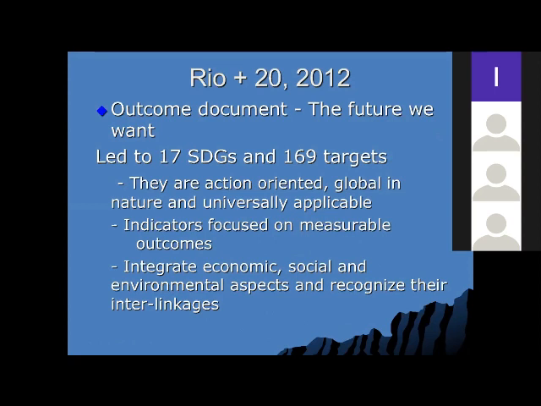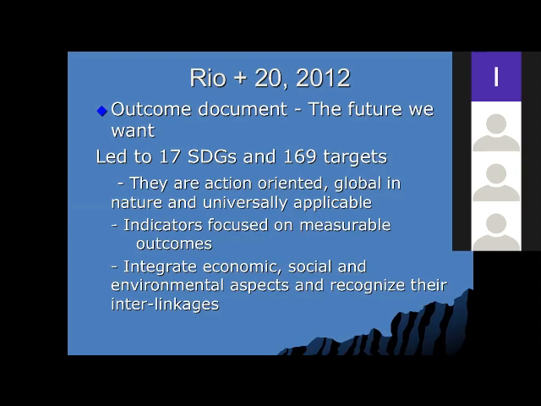This was the document that was considered at Rio, just to let you know, with more or less the whole world there. 197 countries are coming together and discussing this. So at that place, these sustainable development goals were considered.